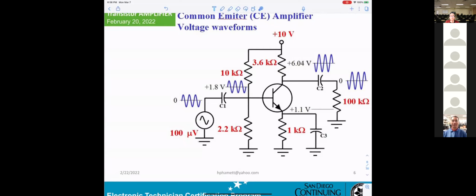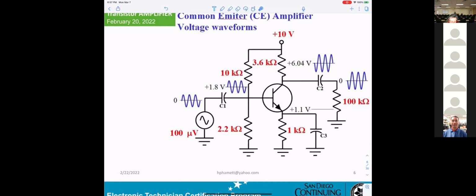AC coupling. I said you get two. You set DC coupling or AC coupling? AC. AC coupling.